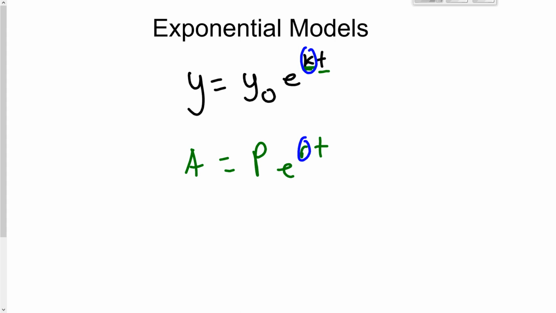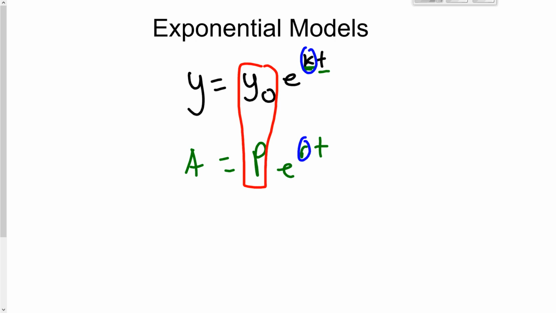e is the e button on your calculator. And P and y sub 0 are the same kind of thing. The principal for the application problems in growth and decay is the initial amount, the amount of whatever initial quantity you're first dealing with.